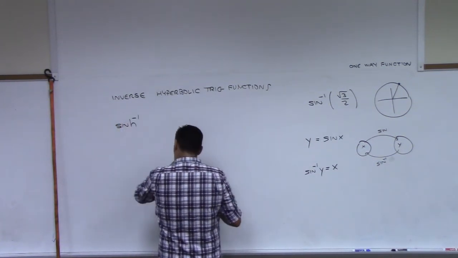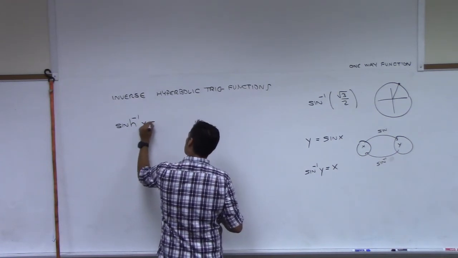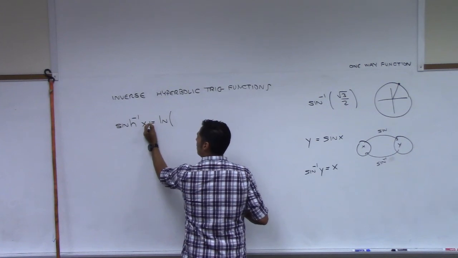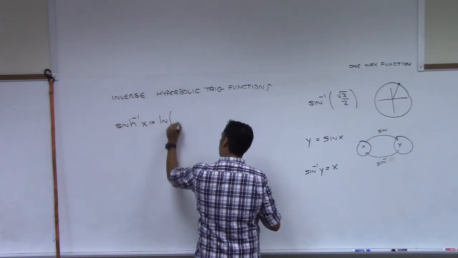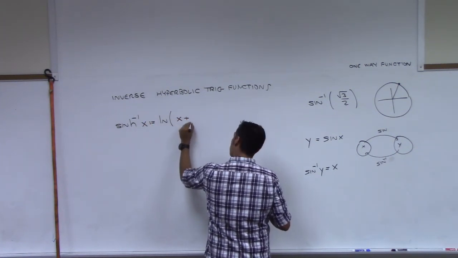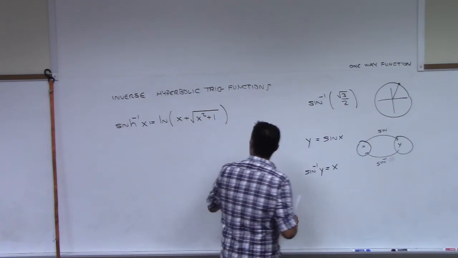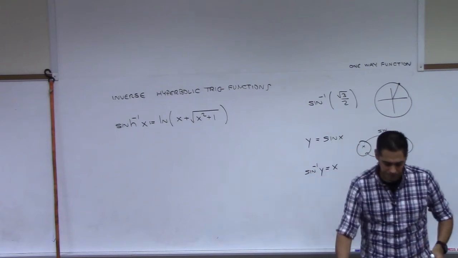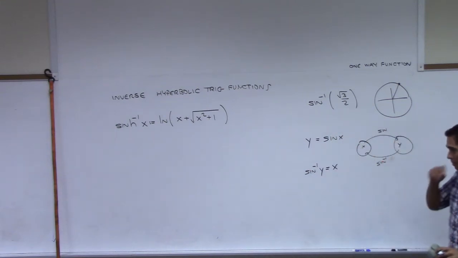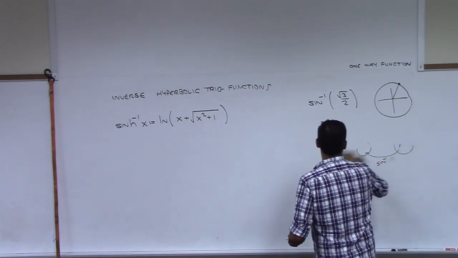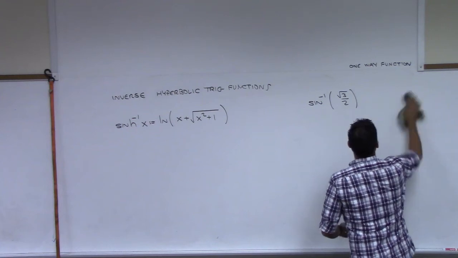The hyperbolic inverse sine of x is equal to natural log, and I'm going to put that little colon here to define it. Natural log of x plus root x squared plus 1, close. There we go. So what you're saying is that we don't have to memorize how to prove it, we just have to memorize the formula?